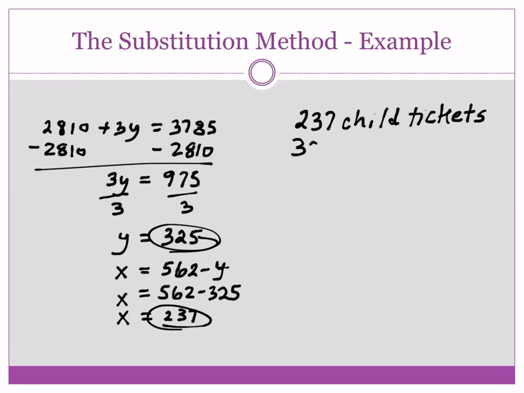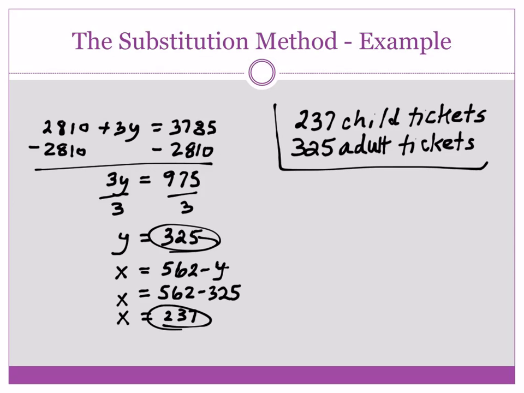And the 325 is the number of adult tickets that were sold. And that's our final step. Any questions on the substitution method?